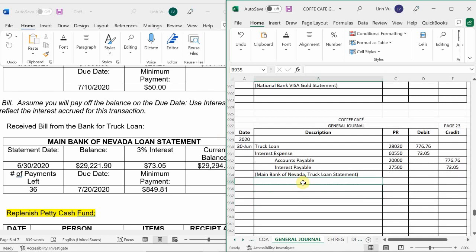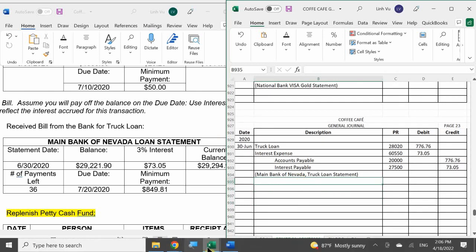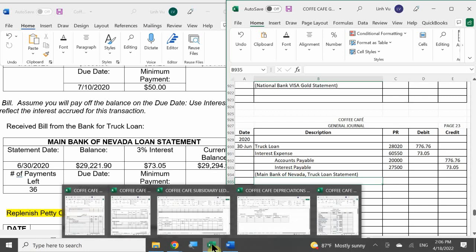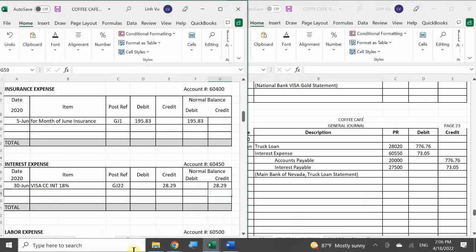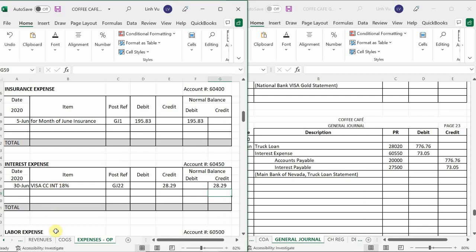All right, so now let's go ahead and go to the ledger. So we have a truck loan, an interest expense, accounts payable, and another interest payable.